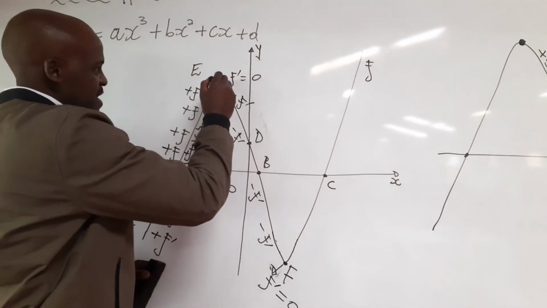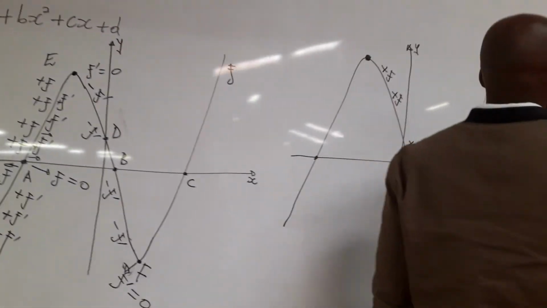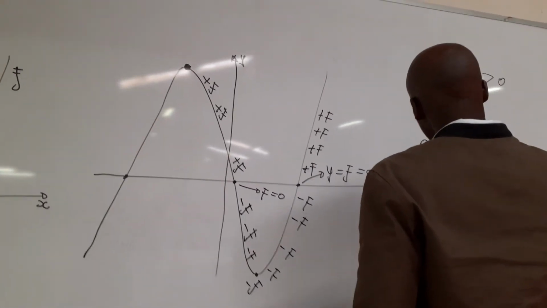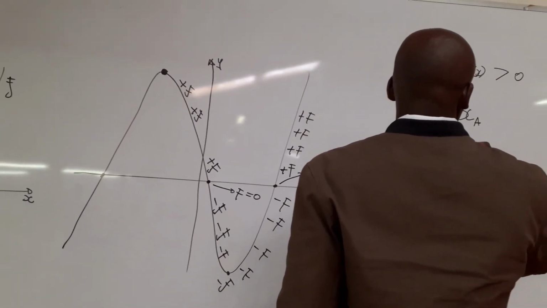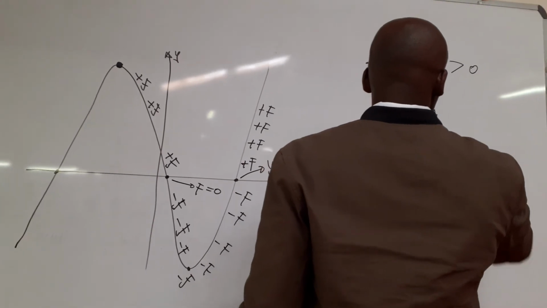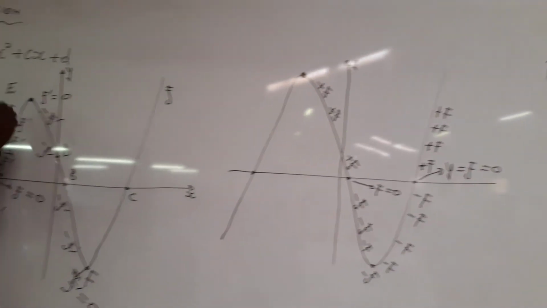Remember that the gradient up there is equal to 0. So if you are multiplying 0 times f at x, the answer will be 0, which means the turning point is not included.